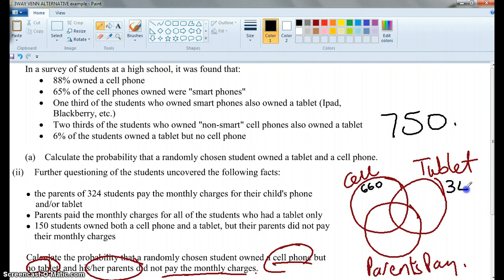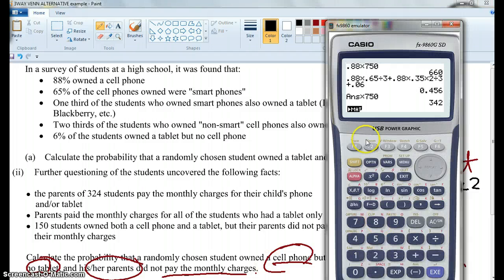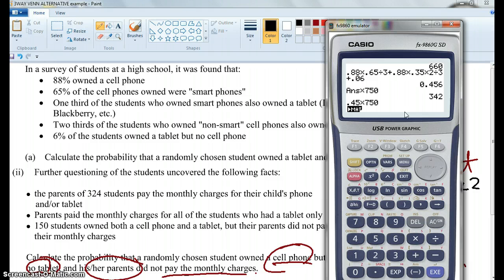So that was 342. Now, a tablet and a cell, if we go back to here, a tablet and a cell was these guys here. So it was the 0.45 times the 750 was a tablet.